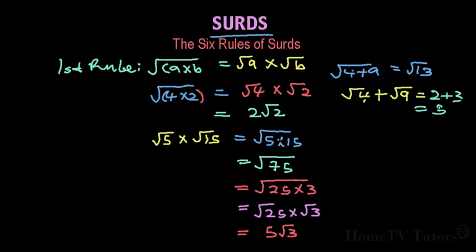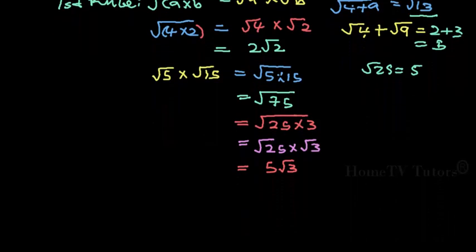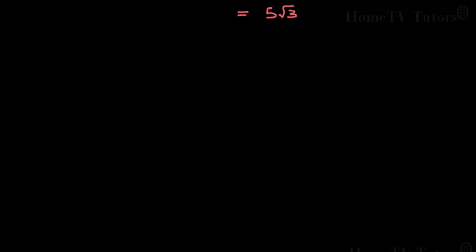Now 5 cannot be the answer, as that is the square root of 25, not the square root of 13. So now let's quickly solve more questions applicable to this rule.